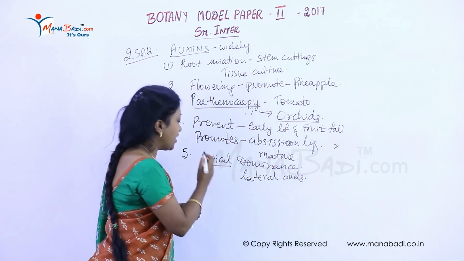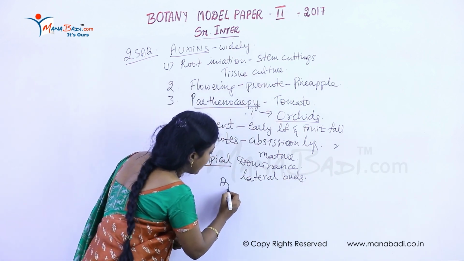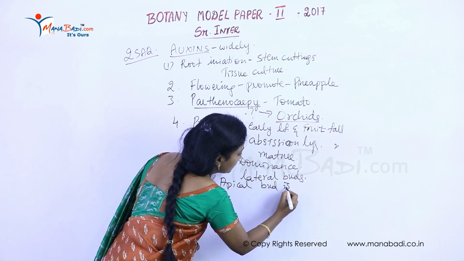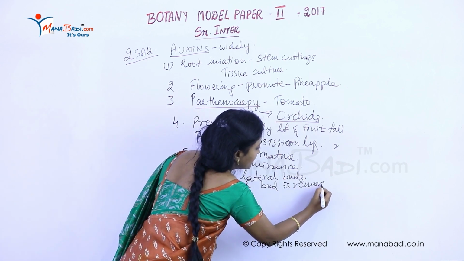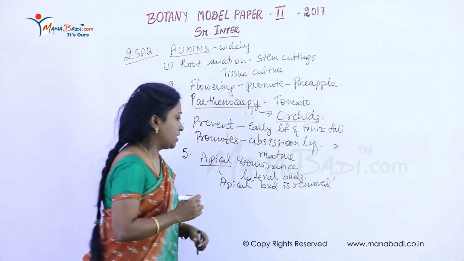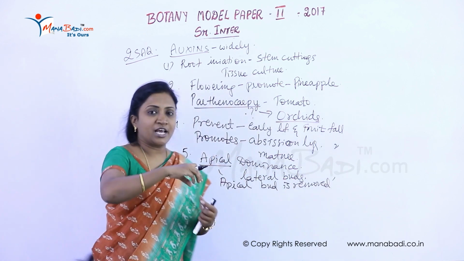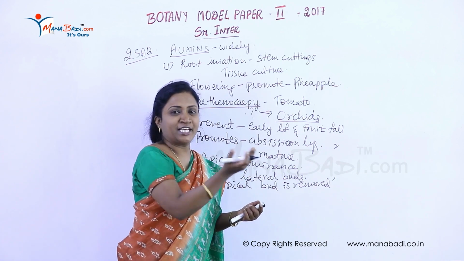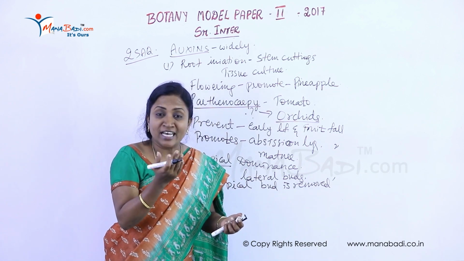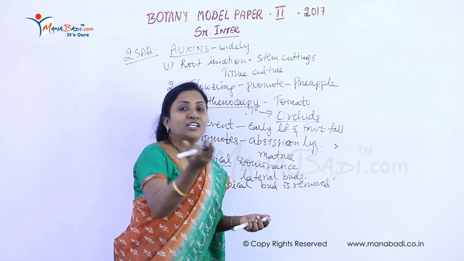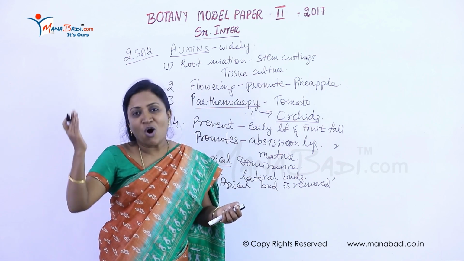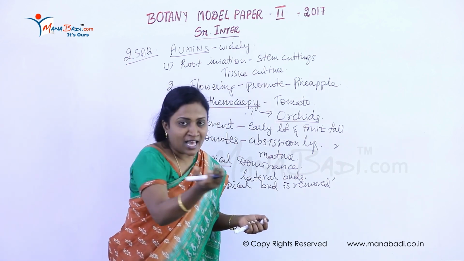But if the apical bud is removed, what happens? This is decapitation. The apical bud is taken off, so automatically we are removing the apical dominance, removing the auxins present in the apical bud.